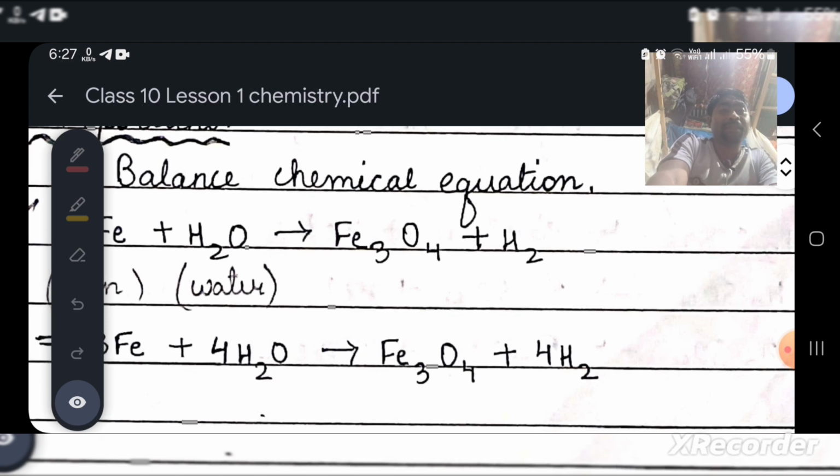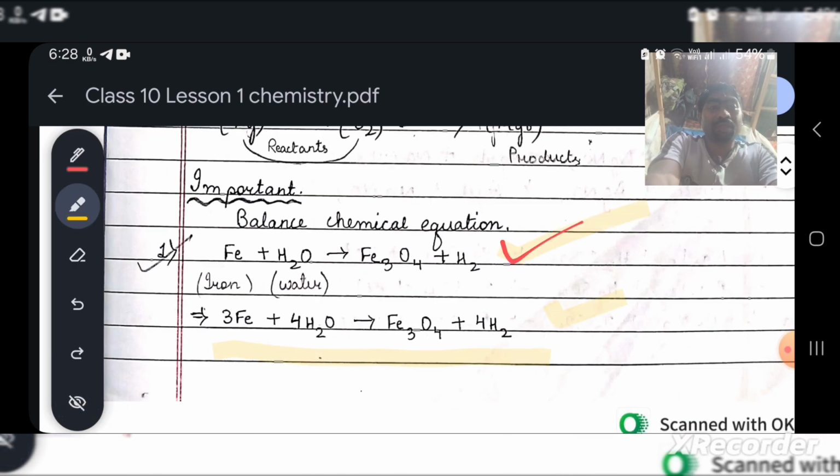But on the product side, in the question, you can look in the upper rectangular one, there is 2 hydrogen, but in the answer, in the lower one, we need 8 hydrogen. So we have to put 4 here also, to make 8 hydrogen here.